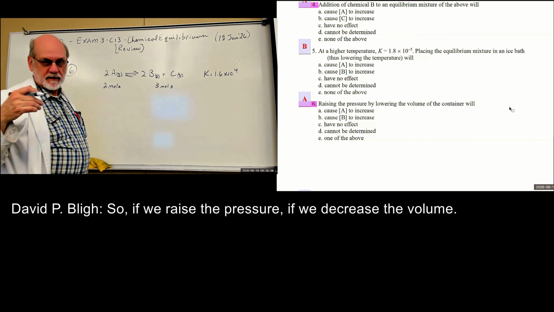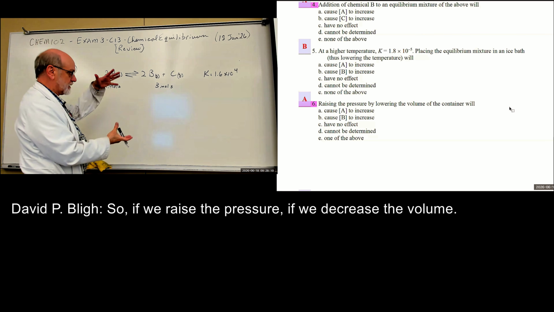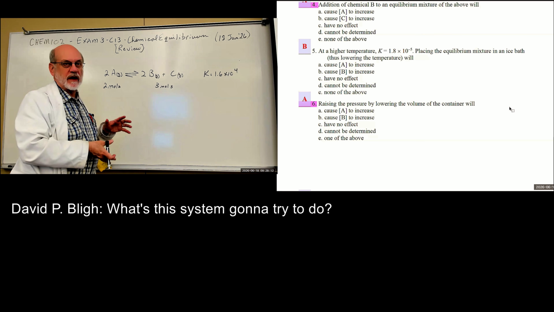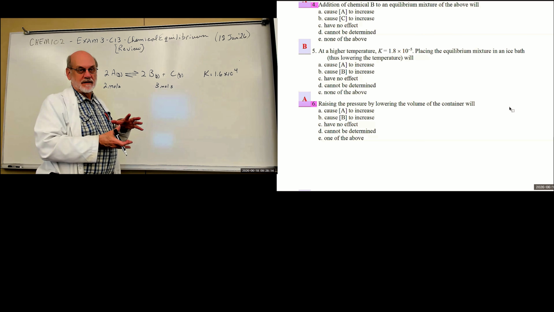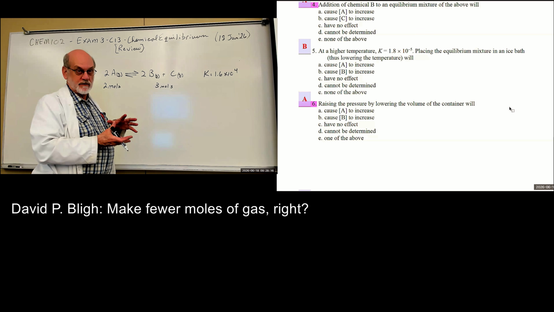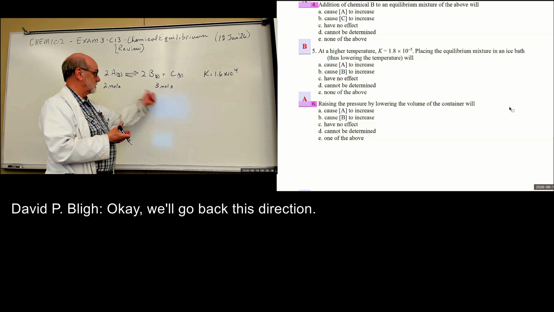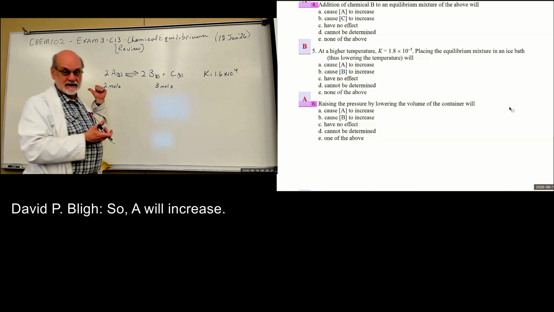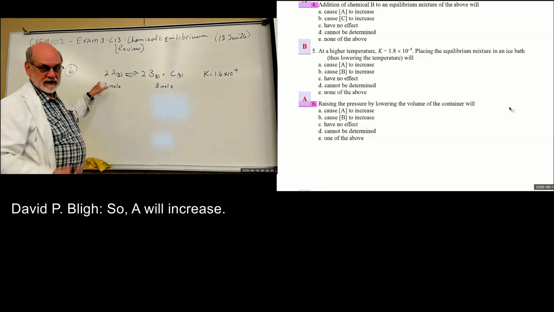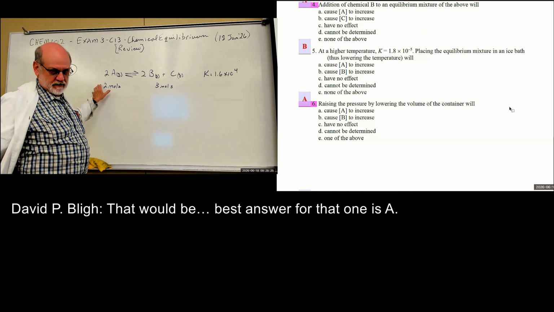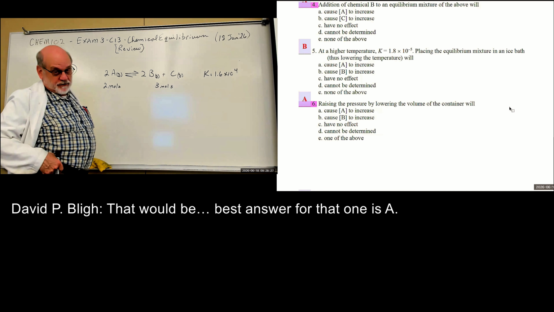So if we raise the pressure, if we decrease the volume, what's this system going to try to do? Make fewer moles of gas, right? Okay, we'll go back this direction. So A will increase. That would be the best answer for that one, A.